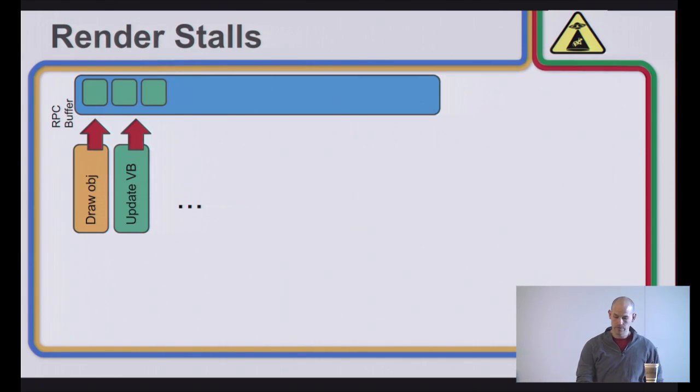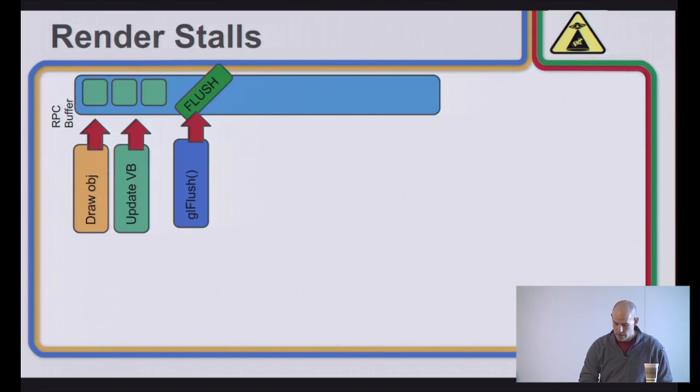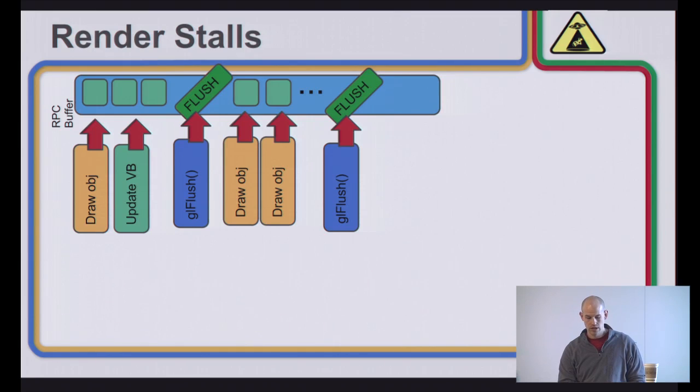The goal here is to implement these flushes in strategic locations inside your render loop so that you never hit a sync flush. Effectively, you're continuously pushing the data and forcing that RPC buffer to flush so that you never hit these 30 millisecond waits. So once you draw some stuff, you insert a flush, you draw some more stuff, and you insert another flush. The key here is figuring out where to insert these GL flush calls.